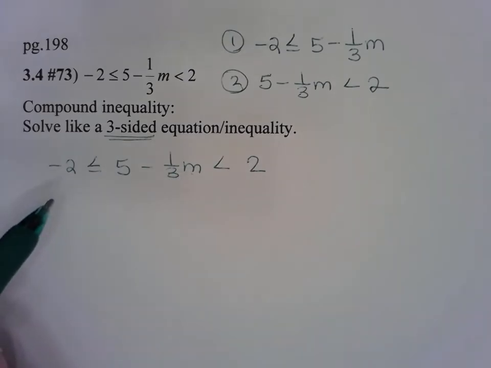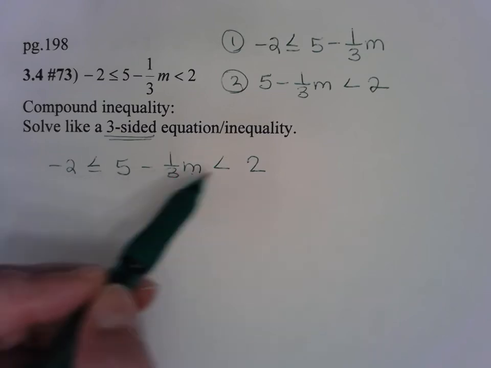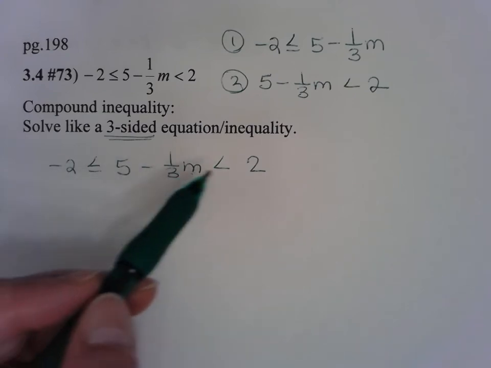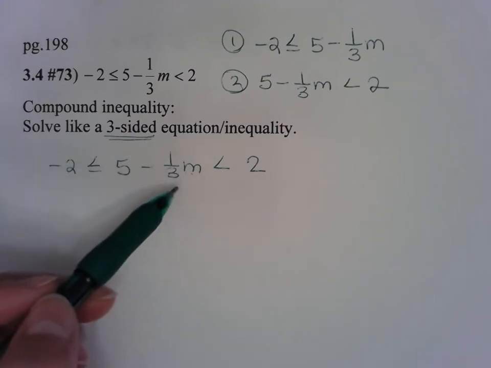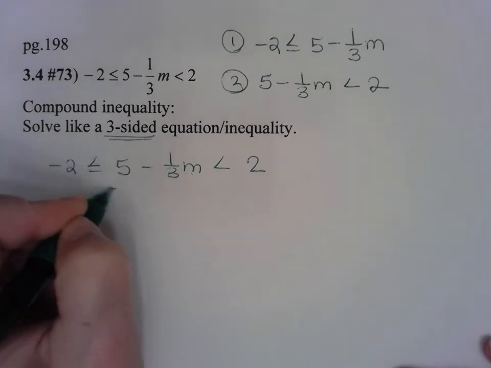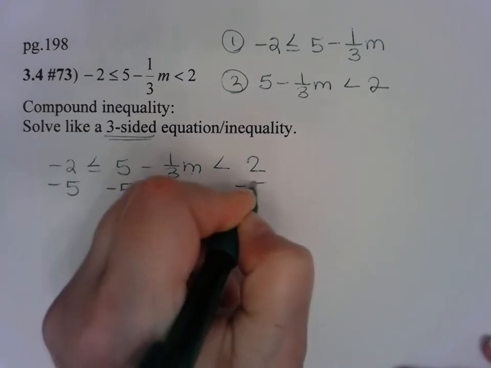There's no good reason to do that. I want to keep it in the middle. This is going to be one of those in-between type statements. And so I want to know what numbers the variable is in between. Okay, so my first step in isolating m is to subtract 5 from all three sides.